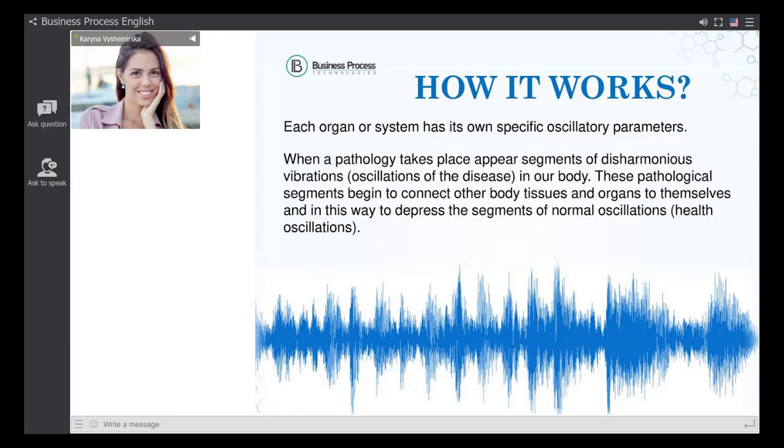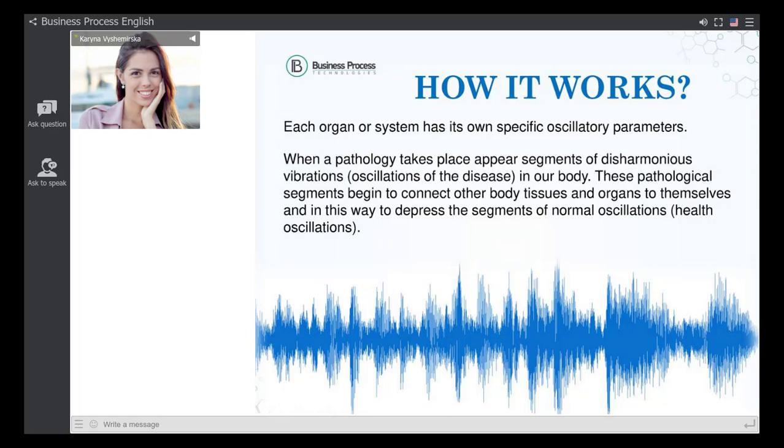Basically, what is an oscillation? Oscillation is a reflection of the processes that take place in our body. In other words, oscillations and processes that take place in our body are totally the same thing, because oscillations are like a mirror of the processes that are going on in our body. It's all connected.